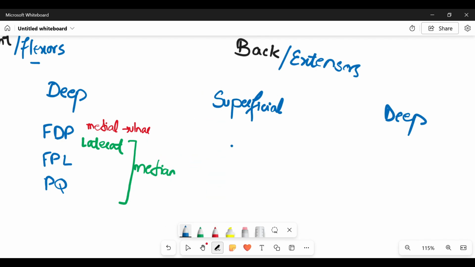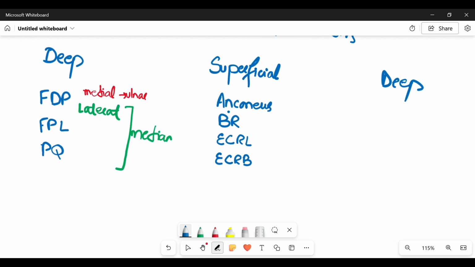In the superficial layer among the extensors, we have anconeus muscle, brachioradialis, extensor carpi radialis longus, extensor carpi radialis brevis, extensor digitorum, extensor digiti minimi, and extensor carpi ulnaris.